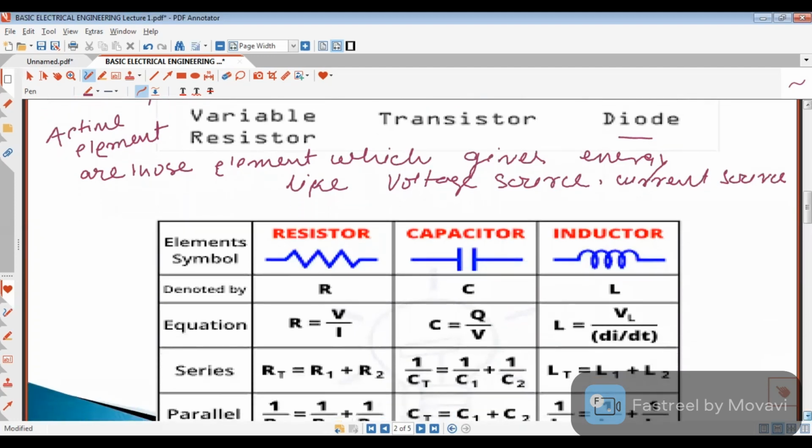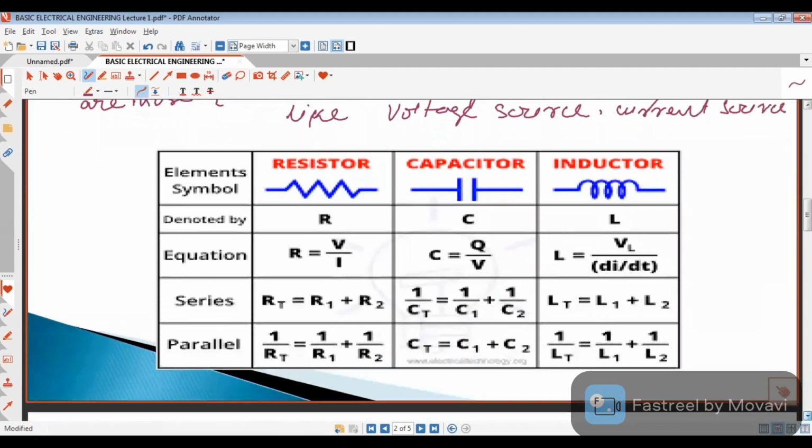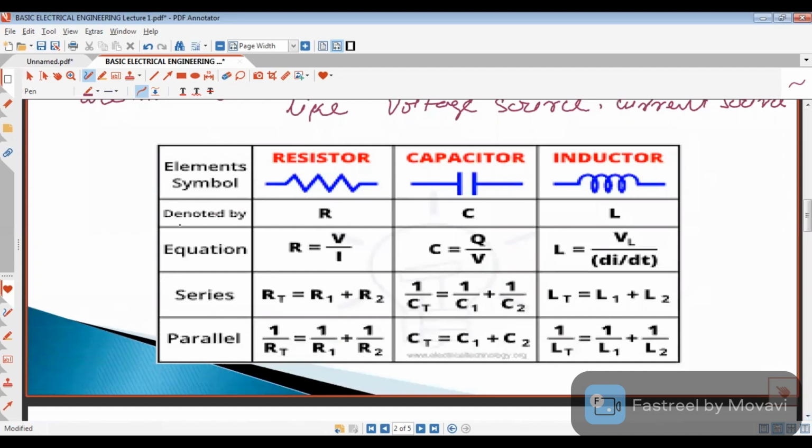Now certain symbols are given here which you have already encountered in class 12. Resistance is denoted by this symbol, and its unit is ohm. Capacitance is given by the symbol C, and it is measured in farad, but farad is a very big unit, so generally it is given in microfarad or nanofarad. Inductor is represented by L, and its unit is Henry.